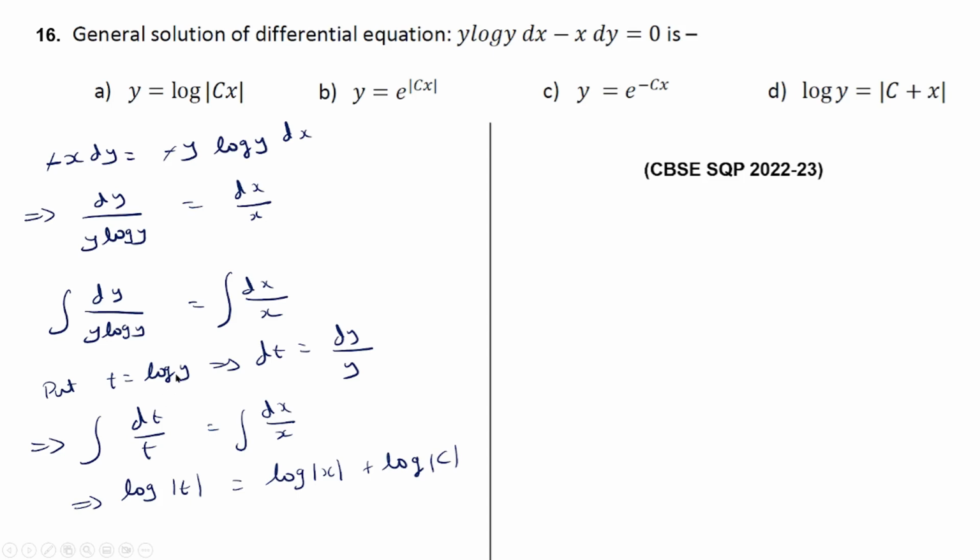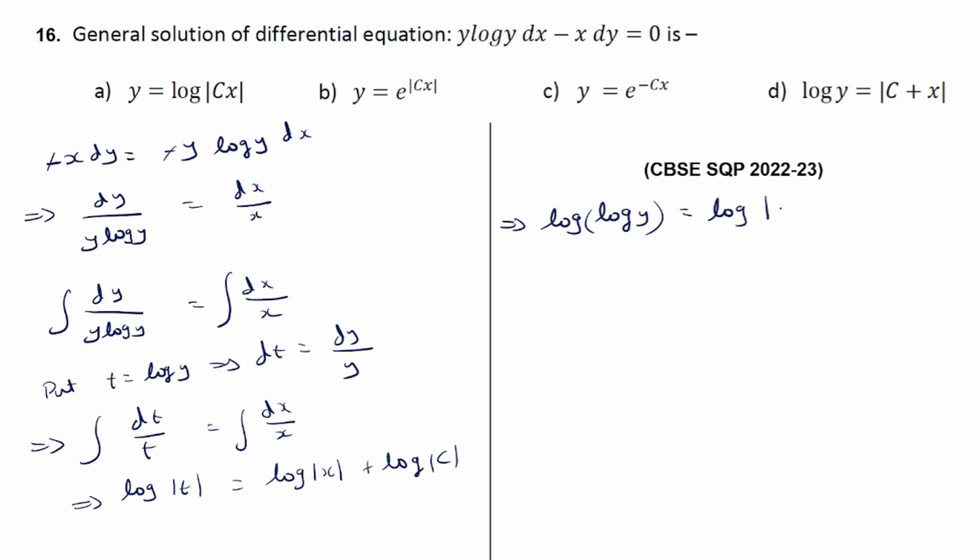So we have taken t as log y, that we can substitute here. So it is log of log y. The value of log y is going to be positive, so it is not necessary to have a modulus sign here. This is equal to, this is of the form log a plus log b, so it is log a into b.